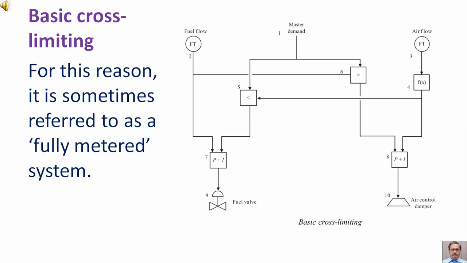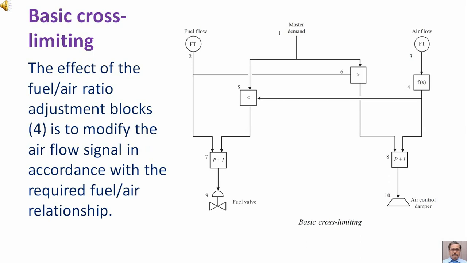For this reason, it is sometimes referred to as fully metered system. The effect of the fuel-air ratio adjustment block number 4 is to modify the airflow signal in accordance with the required fuel/air relationship.